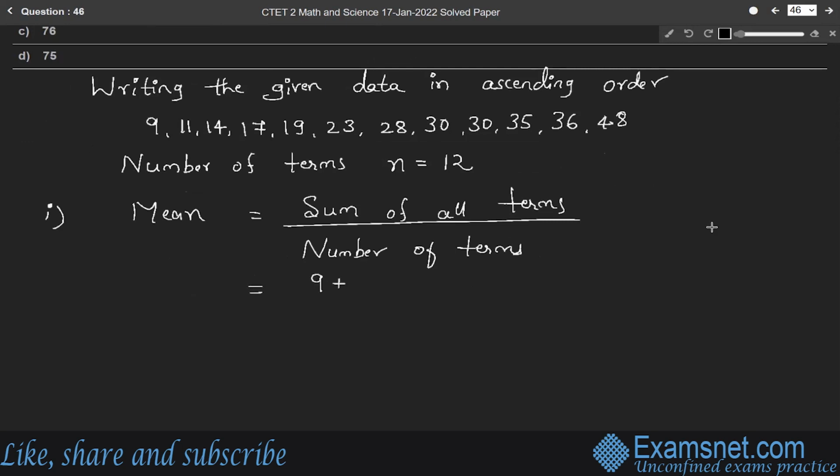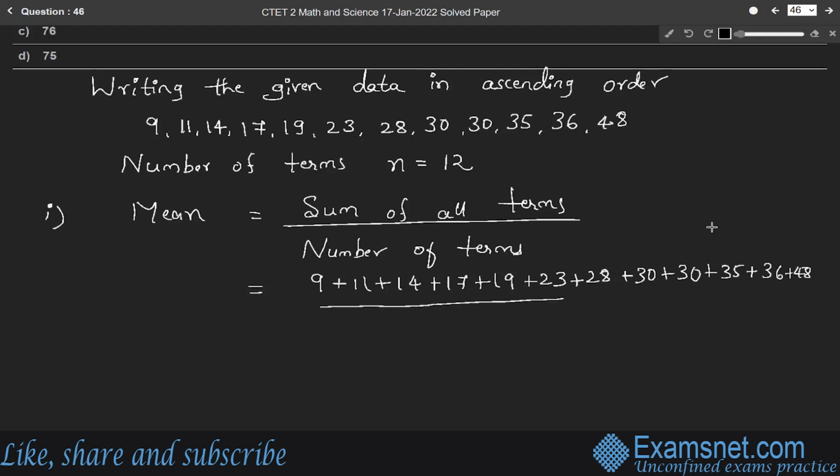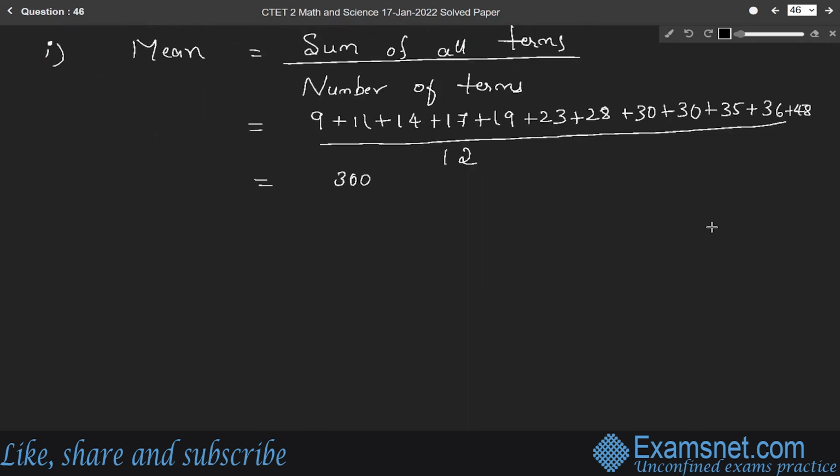Sum of all terms is 9 plus 11 plus 14 plus 17 plus 19, 23 plus 28, 30, one more 30, 35, 36 and 48, right? Divided by number of terms, which is 12. So the sum is 300 divided by 12, which is equal to 25. So the mean of the given data is 25.